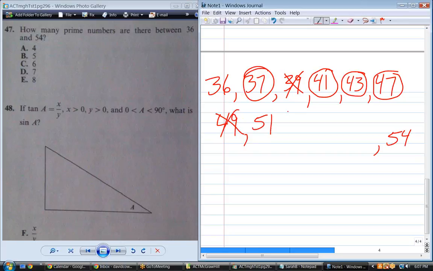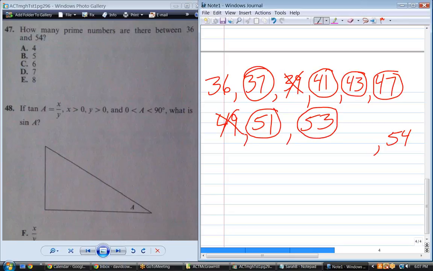No, divisible by 3. 53. Nothing divides into that except 53 and 1.